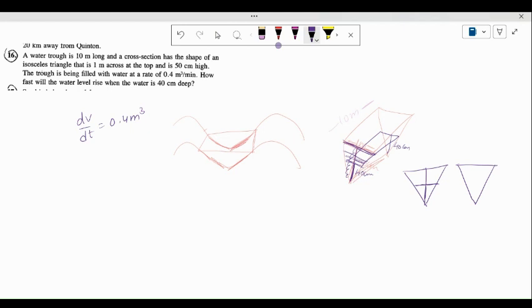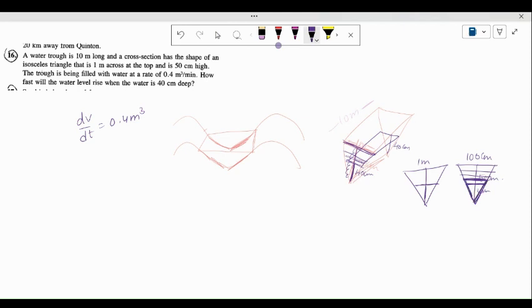This 1 meter is taken as 100 centimeters, and this height is 50 centimeters. Now it is going to change, right? Initially it is 40 centimeters, but after some time it is going to change. So now we take one situation here.